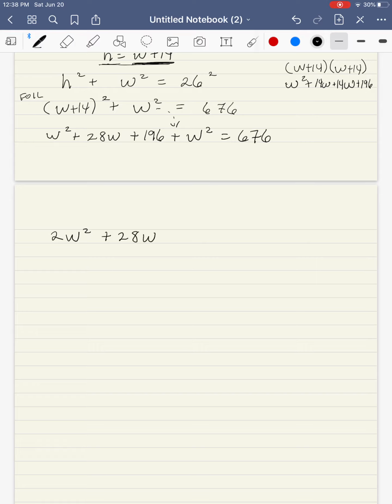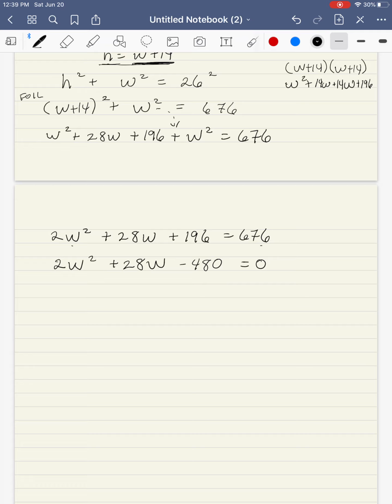So I combine like terms and I have 2w squared plus 28w plus 196 equals 676. And I need to get this equal to 0, keeping the w squared term positive, so I subtract the 676. I get negative 480 equals 0.